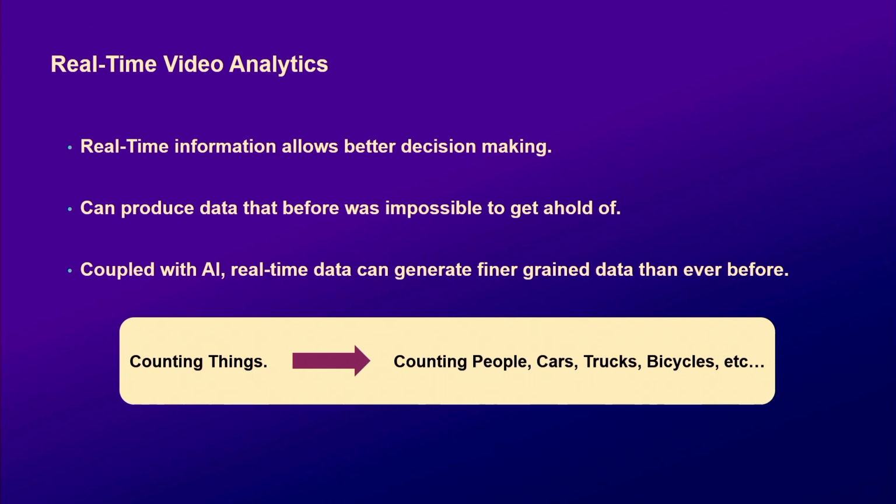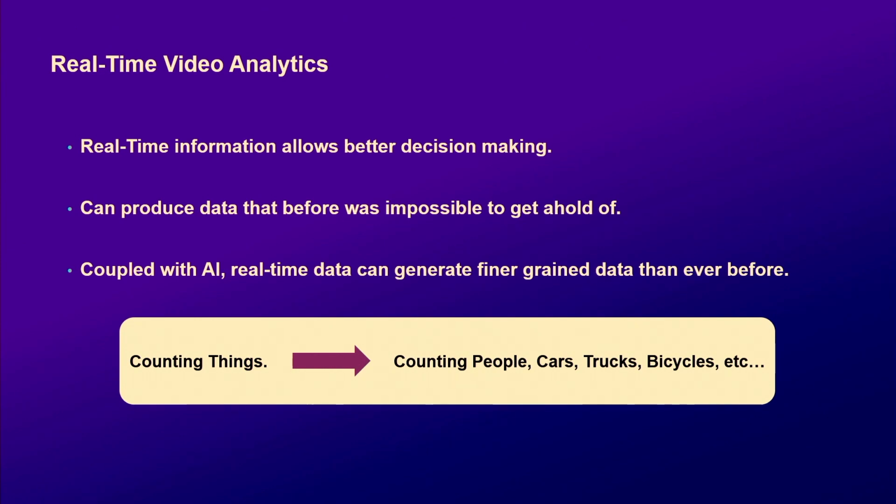Coupled with AI, real-time data can generate much finer-grained data than ever before. Maybe before there were ways to count the number of people that walk into a store, but with AI you can go very far beyond that. You can see where they went in the store, what they were looking at, where they were lingering.